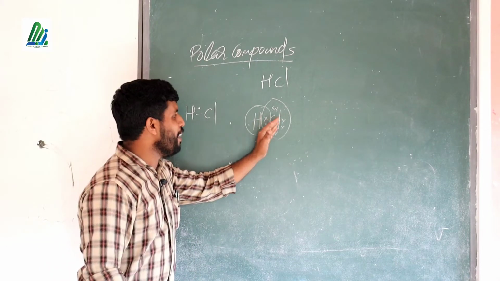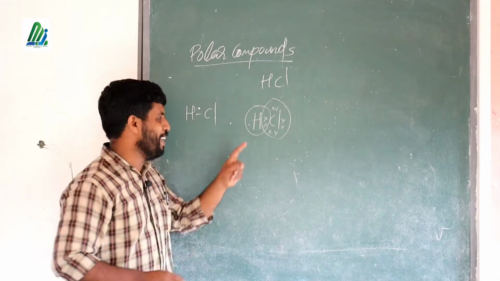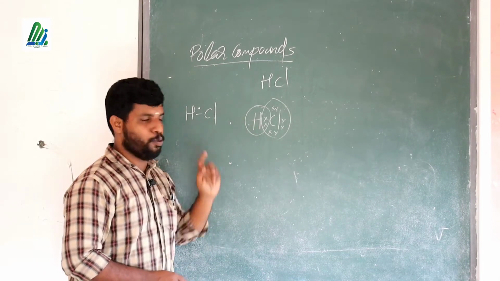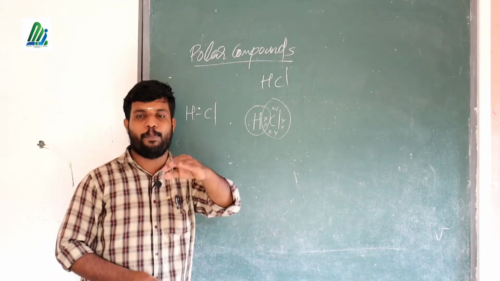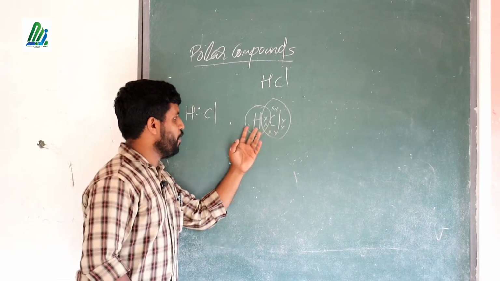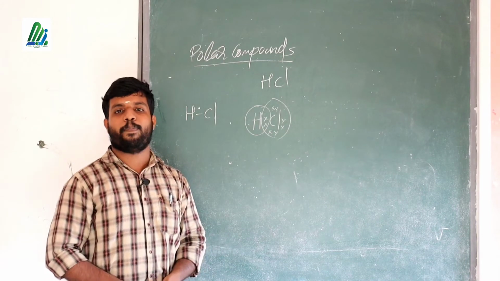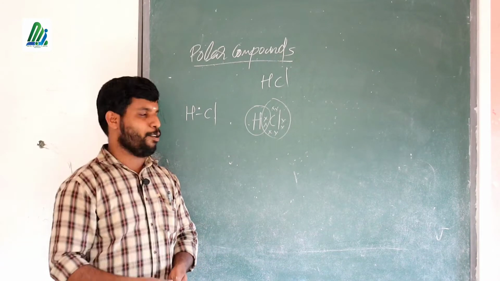But if you compare the electronegativity values, we can get that hydrogen's value is 2.20 and chlorine's value is 3.16. If you compare the electronegativity values between hydrogen and chlorine, chlorine is more able to attract the bonded pair of electrons because that is more electronegative.